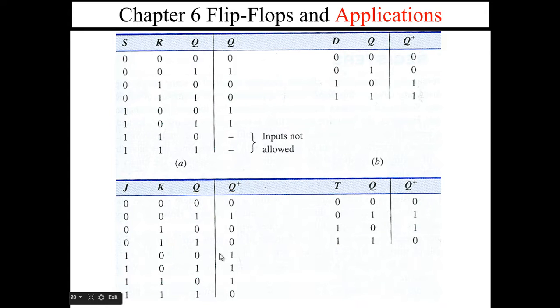And we took the output of these two rows, which is 1, and then we took this one, which is the exact opposite of Q, and called it Q bar. This is the toggle row. So this was the remembering row, this was the reset row, this was the set row, and this was the toggling row. And we've done that for a specific purpose. You can see we did the same thing with the T flip-flop right here.